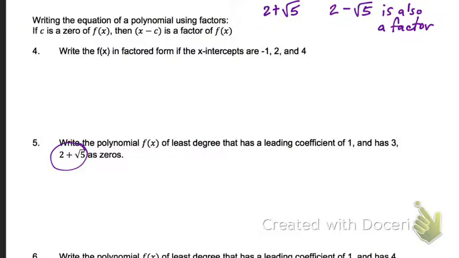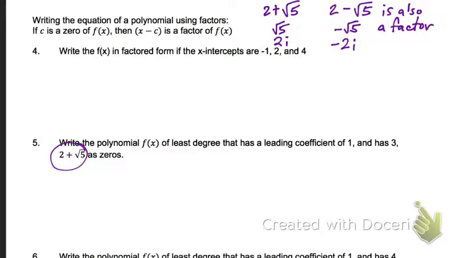I think on one of the examples it gives you an imaginary. Number 7, it gives you both of them. Like number 8. So if I said that square root of 5 was a factor, you would have to say negative square root of 5 is a factor. If I said that 2i was a factor, then you would have to say negative 2i is a factor.